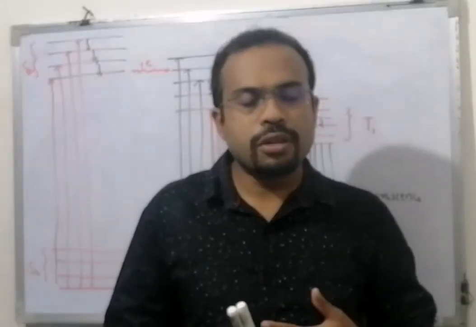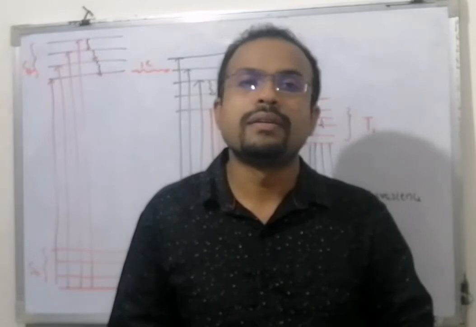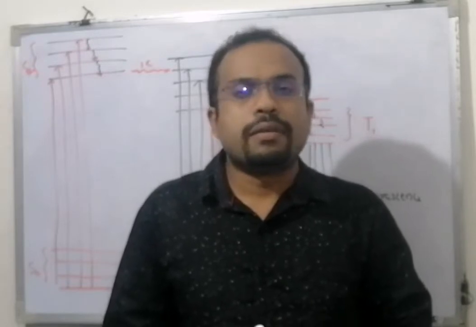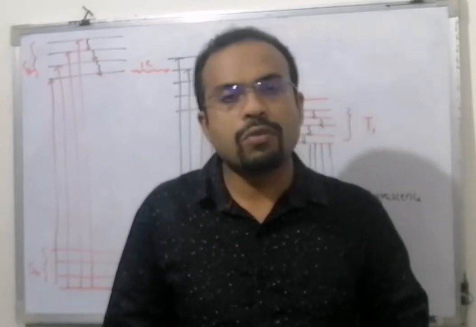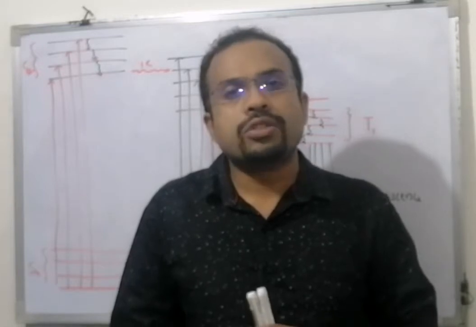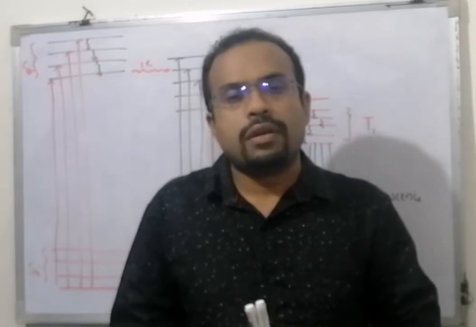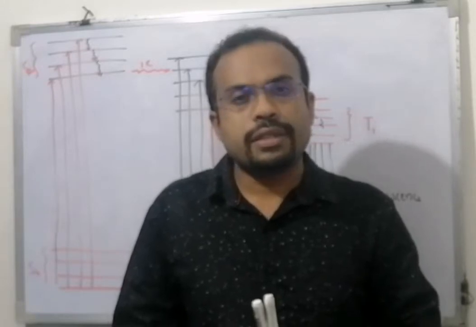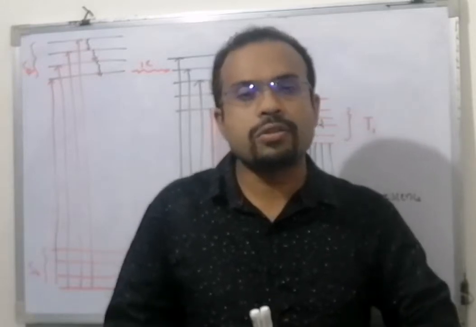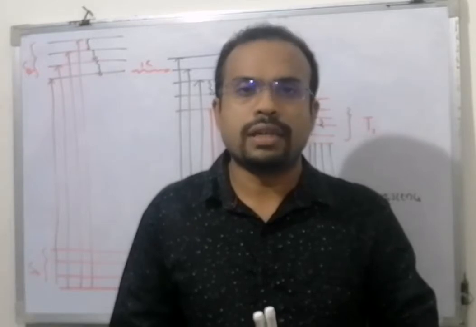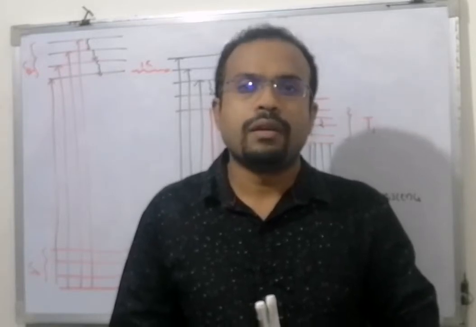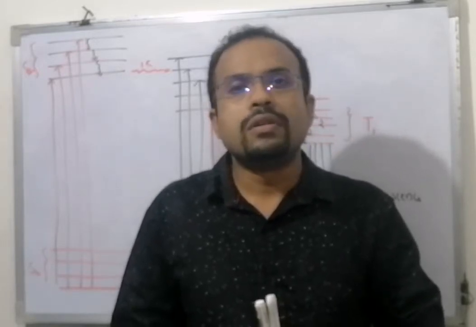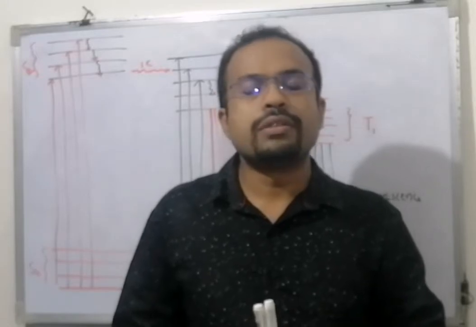This is a continuation of photochemistry, and I hope you have watched the last video about the Franck-Condon principle and selection rules for electronic transitions. Anyhow, we can move to these topics.